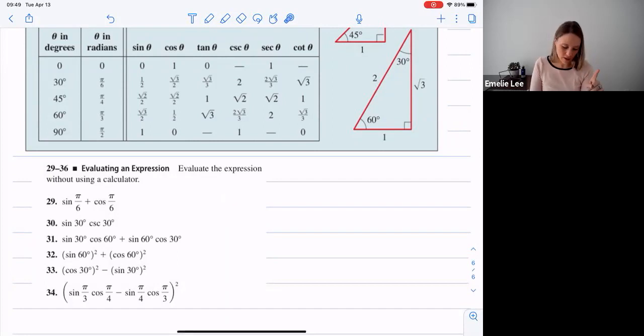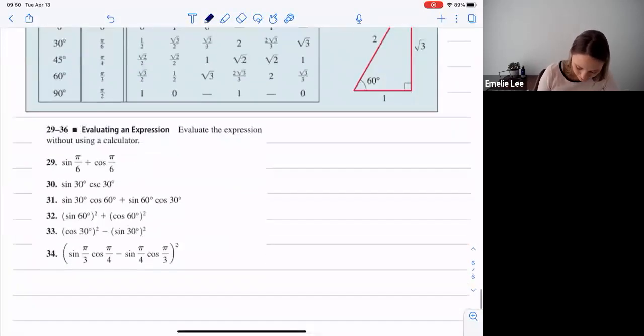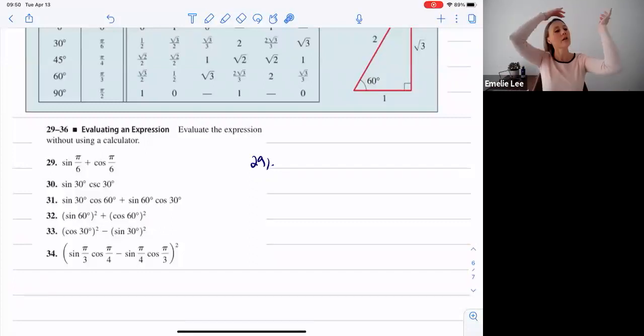Depending on if you have radians as your angles or degrees as your angles, you have to change the mode on your calculator, but you can use your calculator to do all these, but here it says evaluate these without using a calculator. So let's do 29 together. I want to focus on the radian questions because they're typically a little bit harder to wrap your head around, and then you can work on the degree questions.